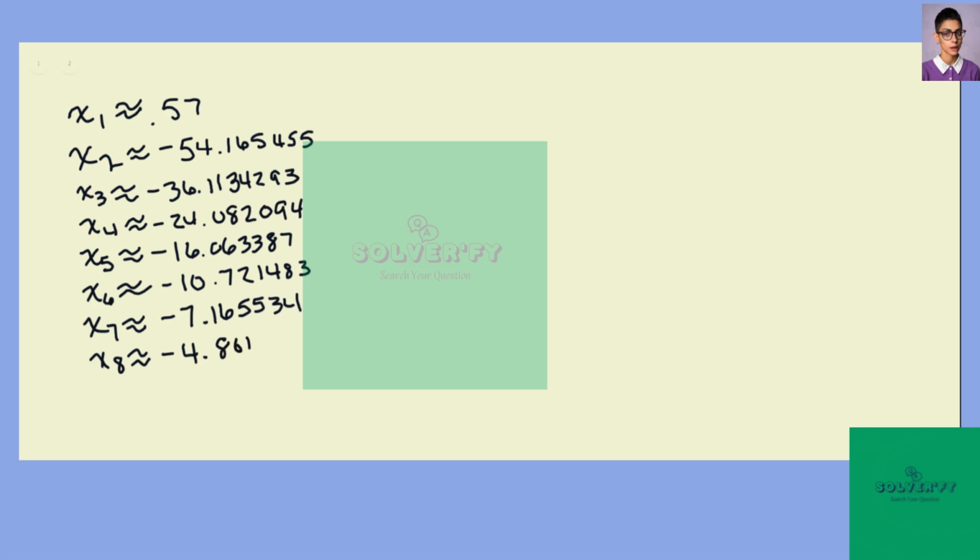X sub 8, negative 4.801704. X sub 9, negative 3.233425, and they all seem to be getting smaller and smaller. I thought, oh, okay. And then it starts to get a little curveball. But at this point, I was all in.